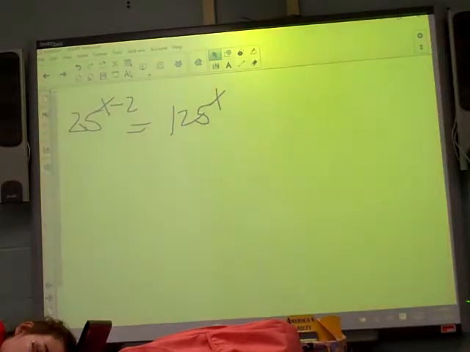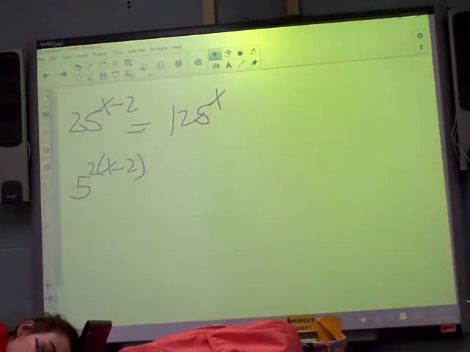So since we just did 25 and 125 and we used the base of 5, you're going to do that again. So 25 is the same as 5 squared. But this time, look what was already up there that you got to bring down. An x minus 2. Notice how I wrote that? That's important, because we're going to have to distribute, aren't we? Yes. Okay, 125 is the same as 5 cubed.